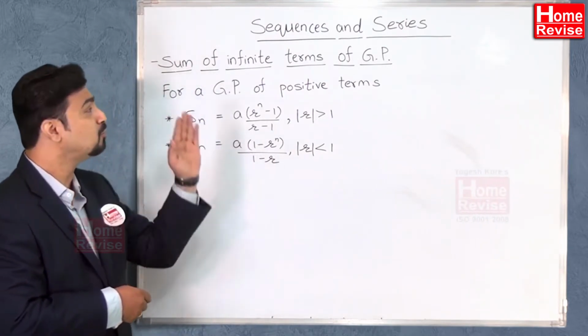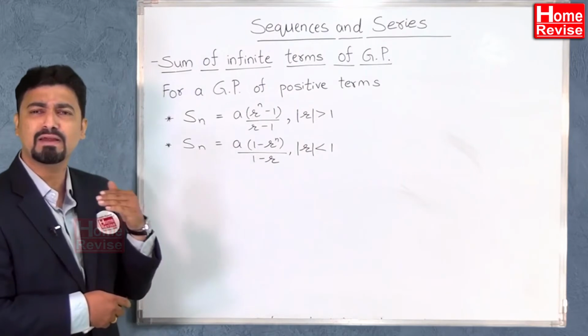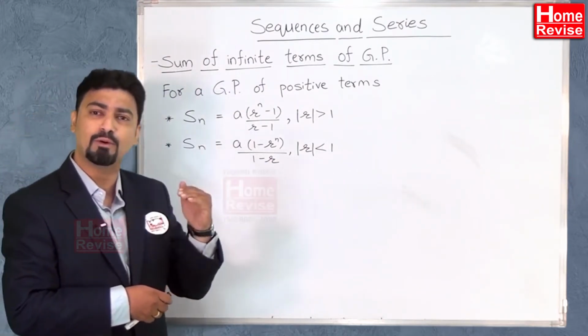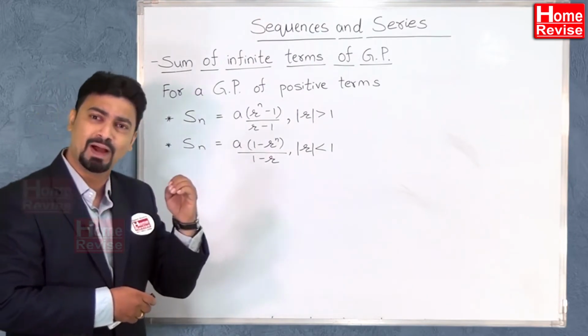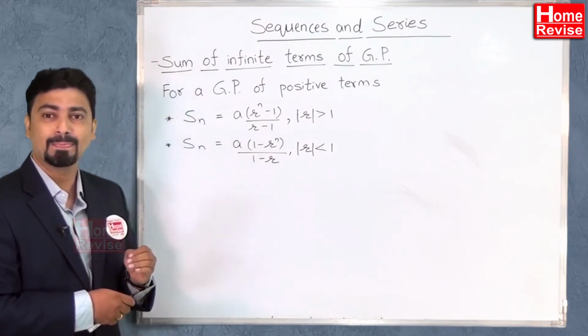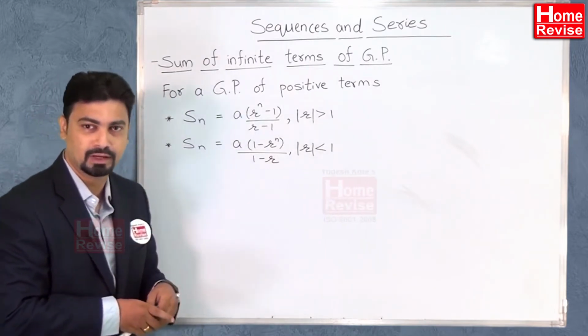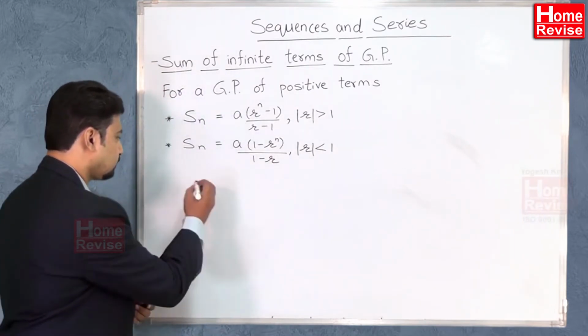Now, for going to the sum of infinite terms, that is there are infinite terms in the GP, then how to find the sum of those terms? When I say infinite terms, can I say that the nth term, or rather n, will be infinity here, correct? So let us begin.